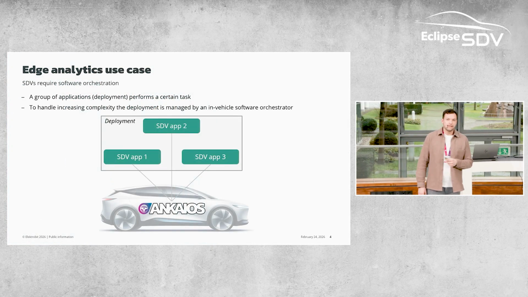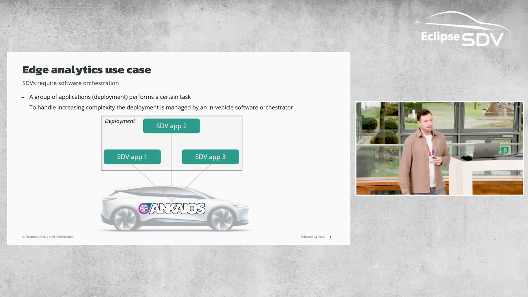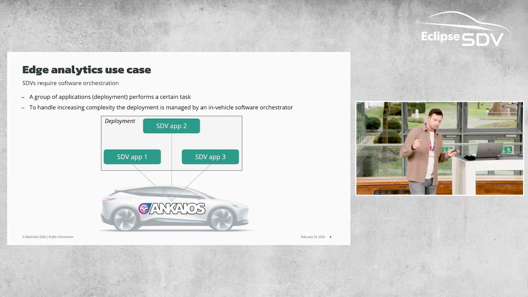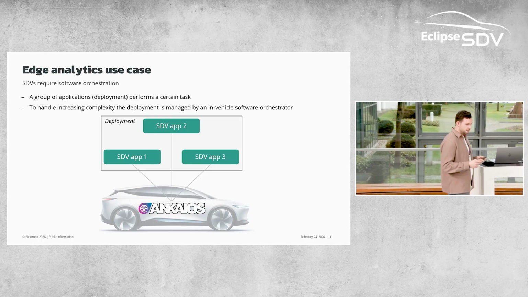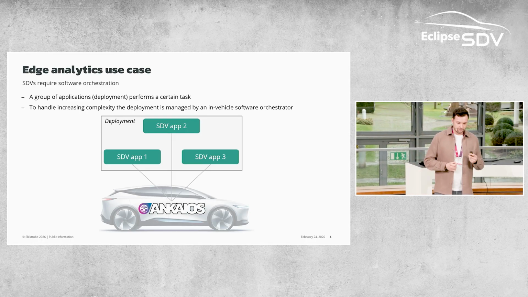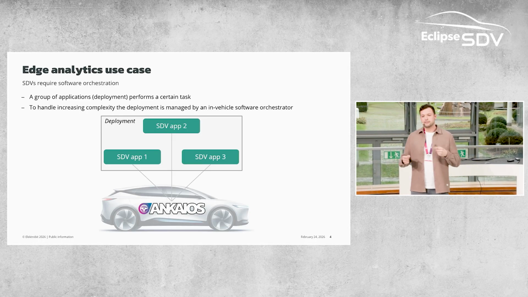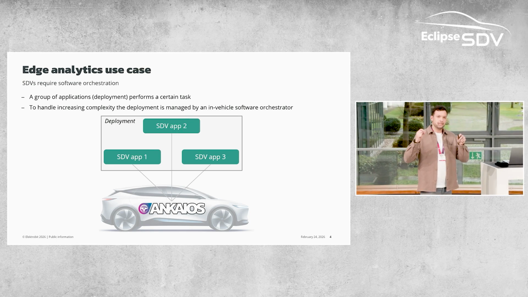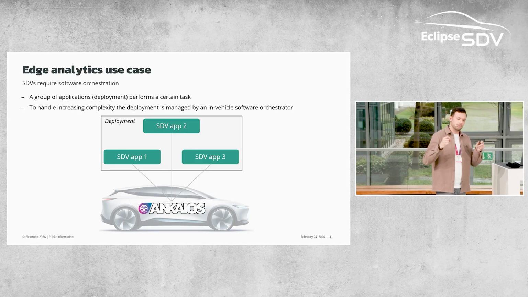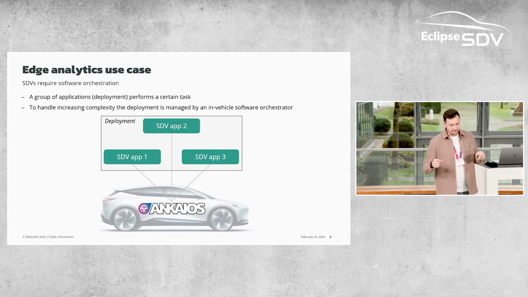So in a software-defined vehicle, you have a group of applications, which is also called a deployment. And this group of applications performs a certain task. For example, you have a virtual eye assisting a driver, and you have multiple applications connected to each other performing this use case. And that's the deployment.